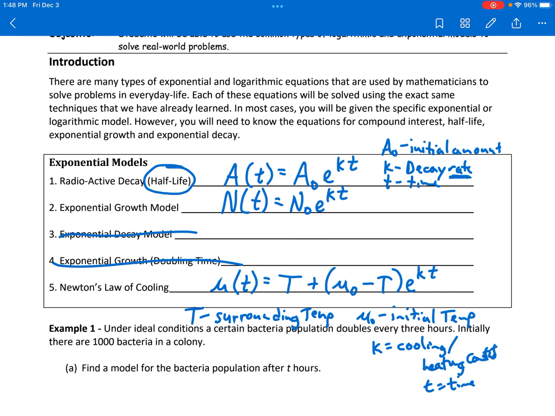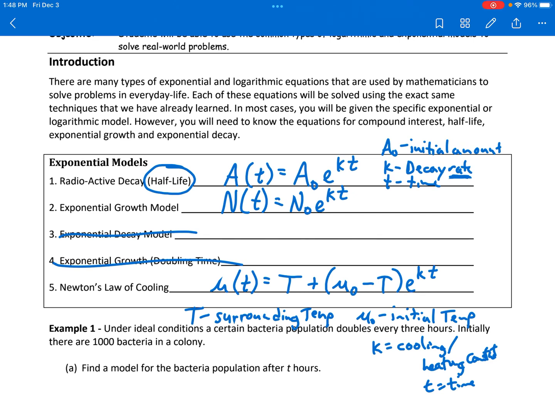Typically, we talk about an element having a half-life if it is radioactive. The formula we use is A of t equals A sub 0, which we call A naught, times e to the kt.